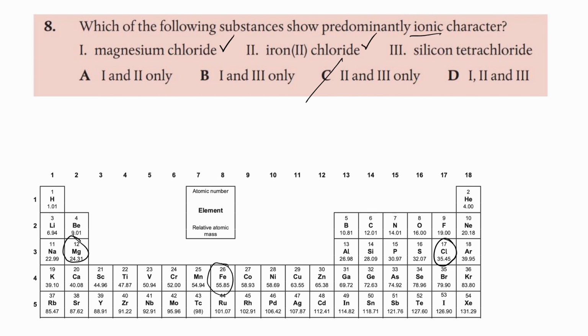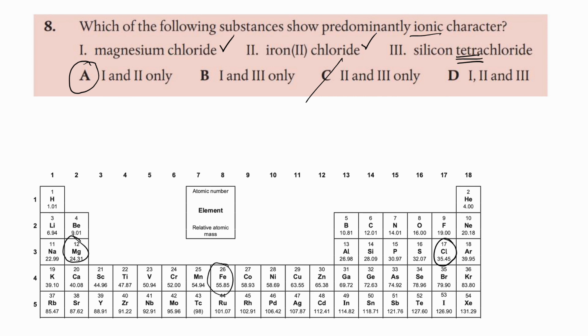So then we look at 3, silicon tetrachloride. Now, tetra, right away, should kind of ring a bell in your head because when you're using prefixes like that, it's normally for covalent molecules, which this is in fact a covalent molecule. So just based off that fact, you should know that the answer is A, 1 and 2. But just to make sure, silicon tetrachloride is going to show little to no ionic character.